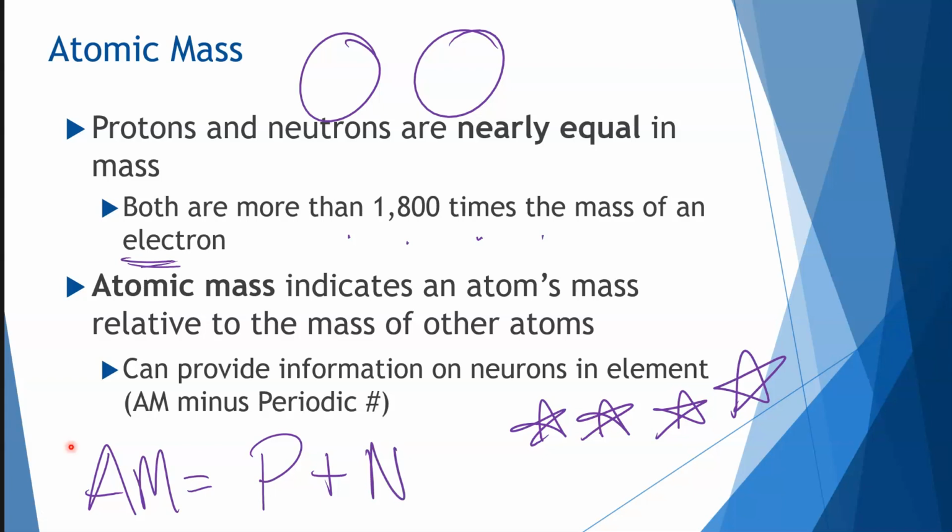This is important because we can get both the atomic mass off of the periodic table as well as the number of protons off the periodic table, because if you remember, our atomic number is going to represent the number of protons. Okay, I'm going to give you some examples, so if that math equation is not settling in just yet, we will look at it again.